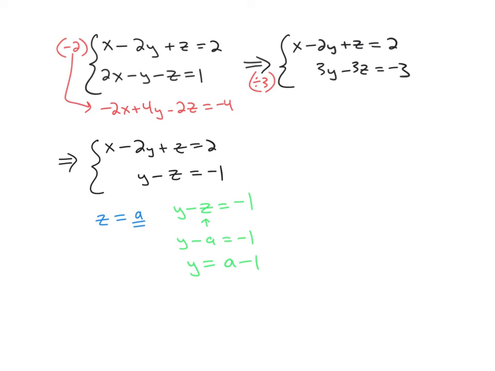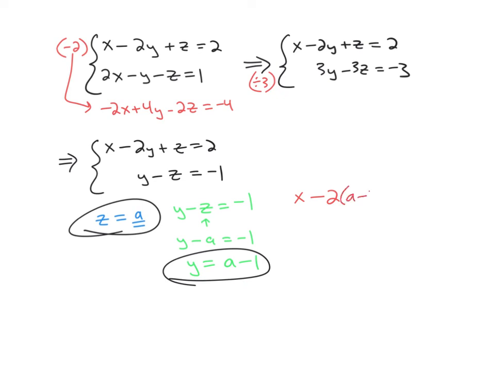Okay, so now I have a value for z and a value for y. So I'm going to back substitute one more time to find a value for x. So I'm going to take that top equation, x minus 2 times y, but I'm going to use a minus 1 for y. And then I'm supposed to add z, and I know that z also has a value, that's a. So I'm going to put an a in here, and then it equals 2.